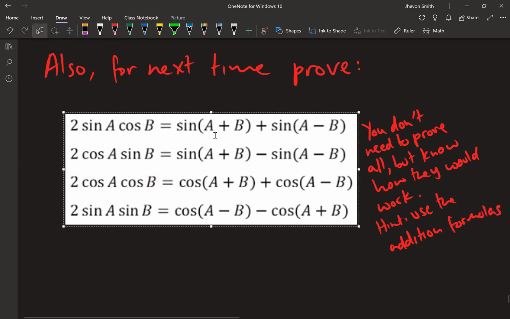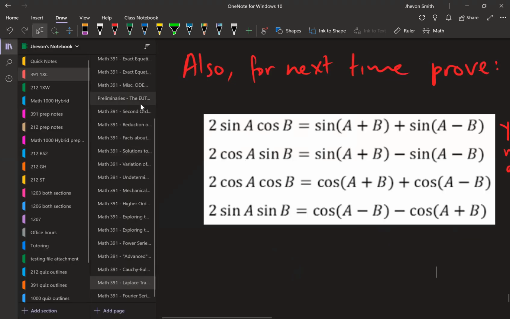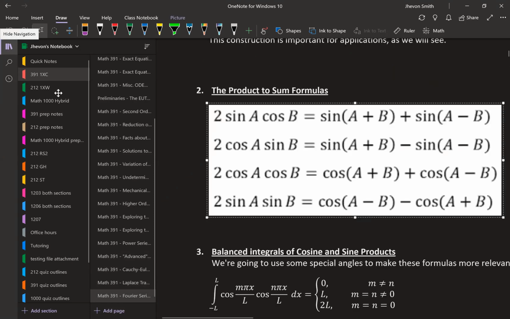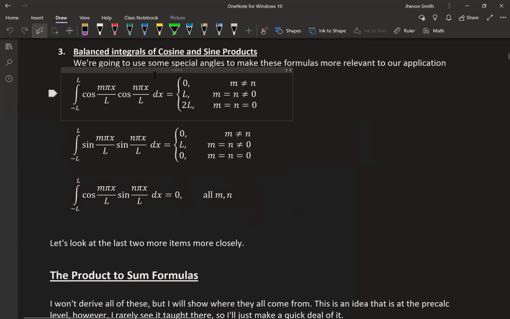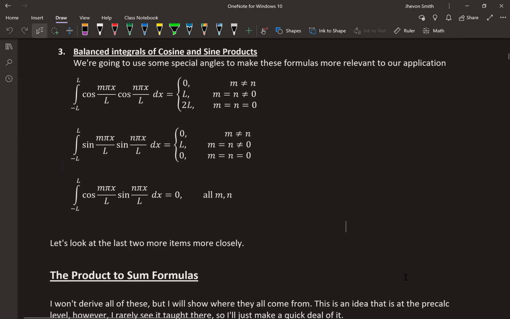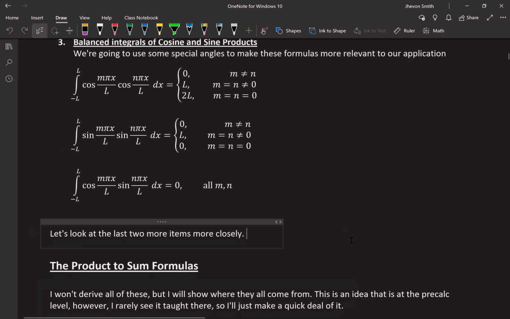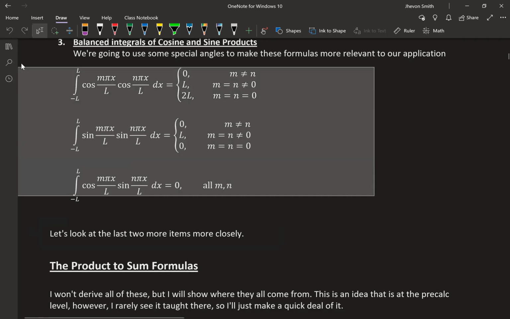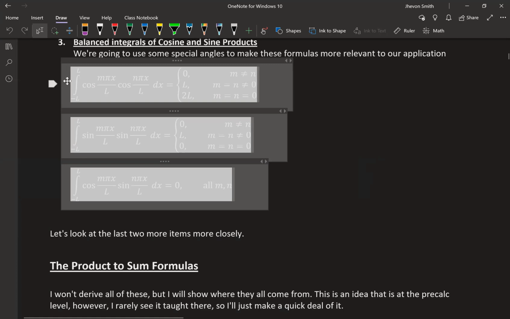Okay, so addition formulas, you were beaten to death with those guys over the head in pre-calc and every class since, so that should be very familiar. Product of sum formulas is also something that you would see in a typical pre-calc class. However, usually they get skipped in a pre-calc syllabus for some reason, and we don't talk about them until you need them much later. So here, I just want you to prove those guys.